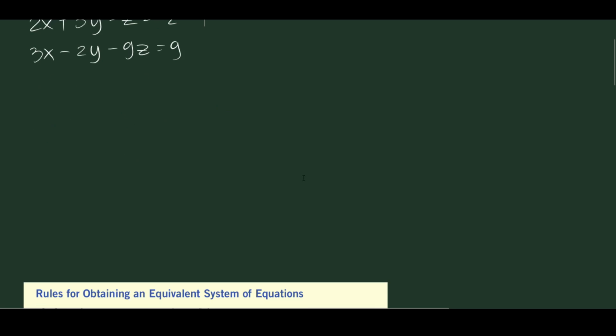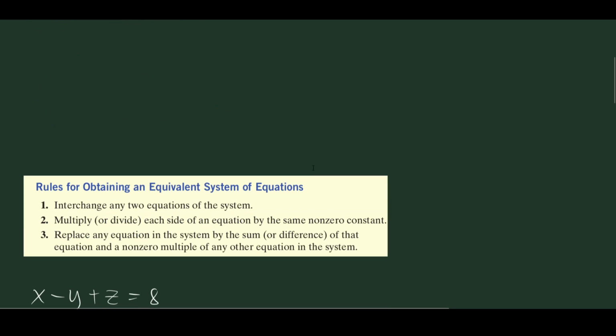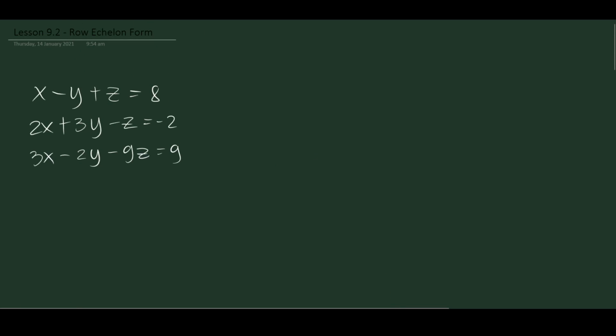There are three different row operations. Number one, you can interchange any two equations of the system, so you can exchange their position.